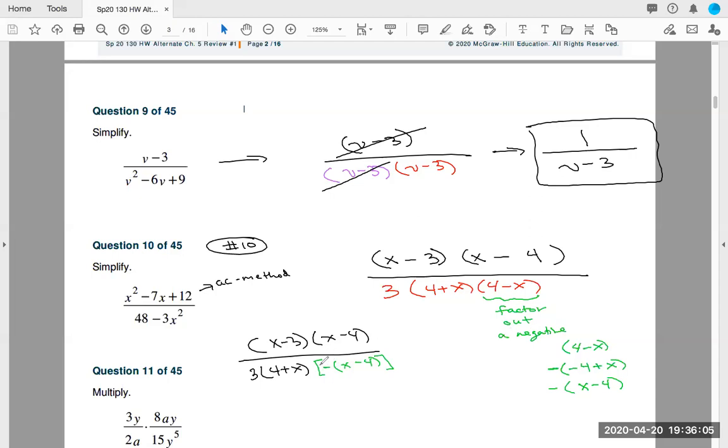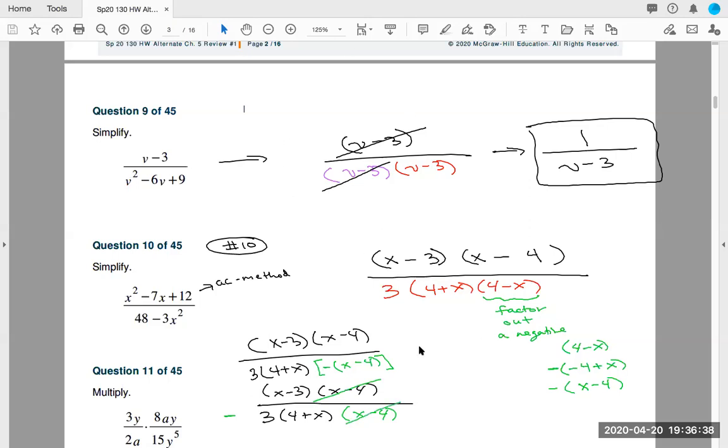So I can move this negative out to the front. It's just like multiplying a -1 in. These are all multiplied terms. So I can move the negative out to the front. x minus 3, x minus 4, 3 still down here, 4 plus x. And then I have my x minus 4 that will cancel out from top to bottom.